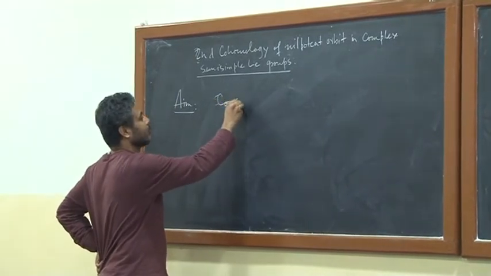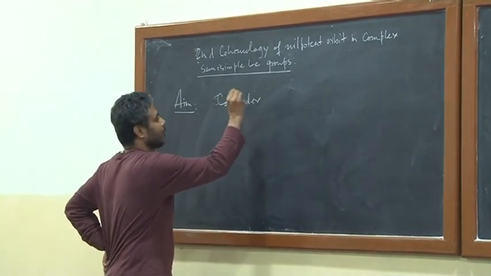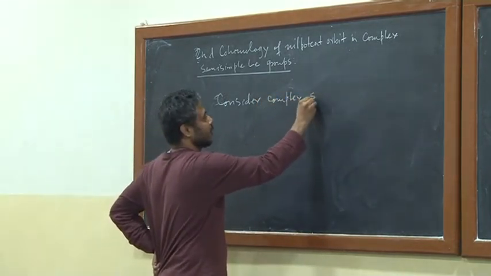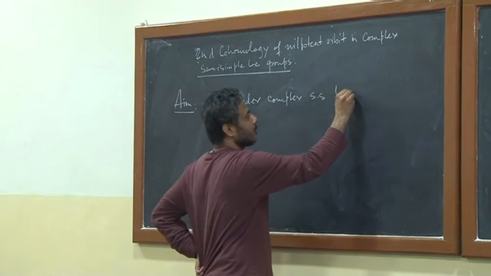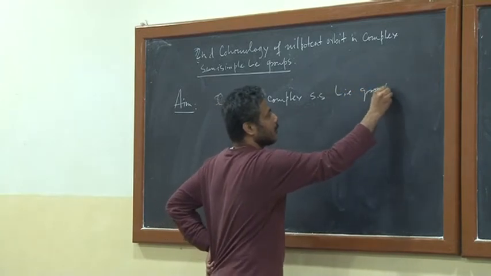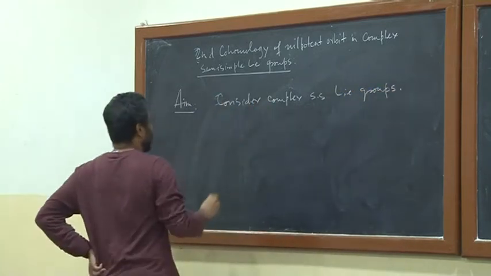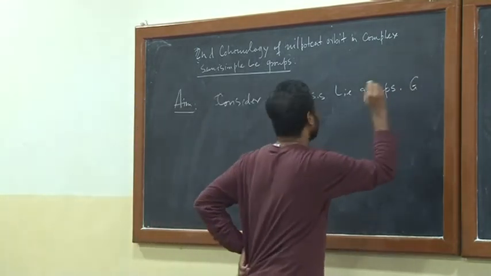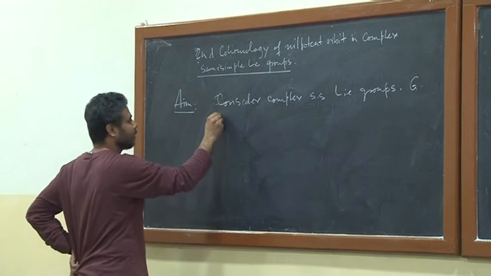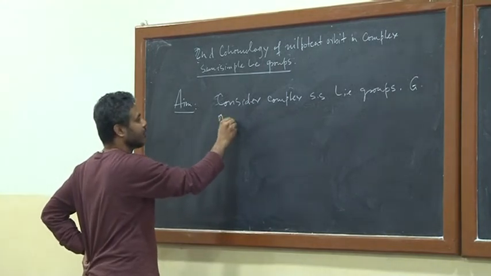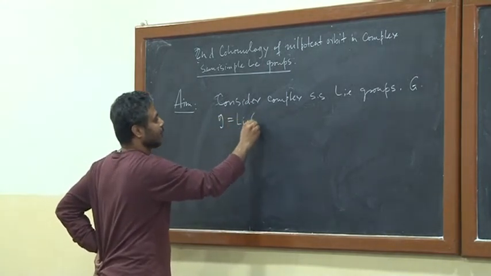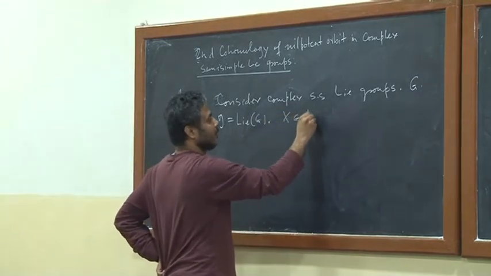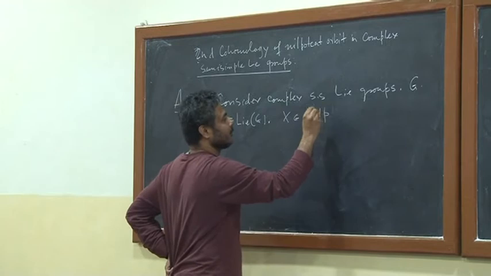Consider complex semi-simple Lie groups, and G is the Lie group, and I consider X to be a nilpotent element.